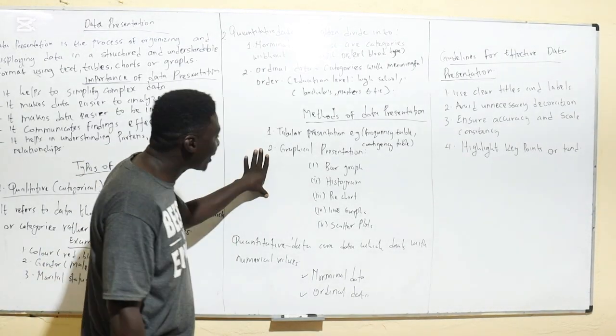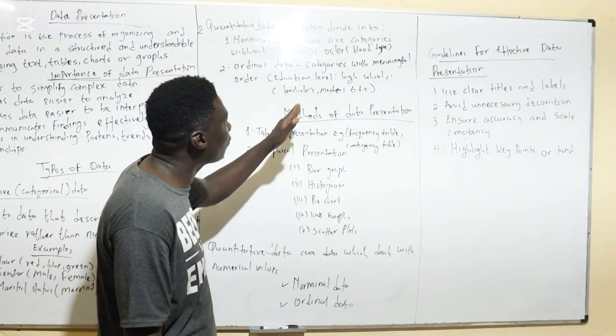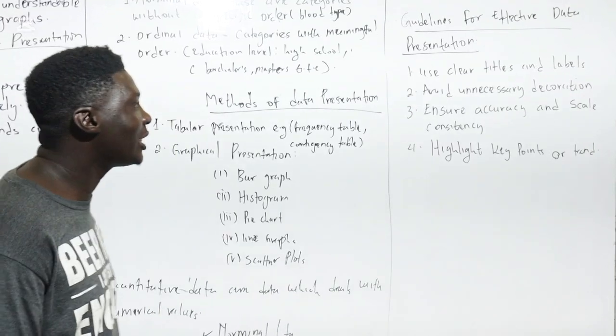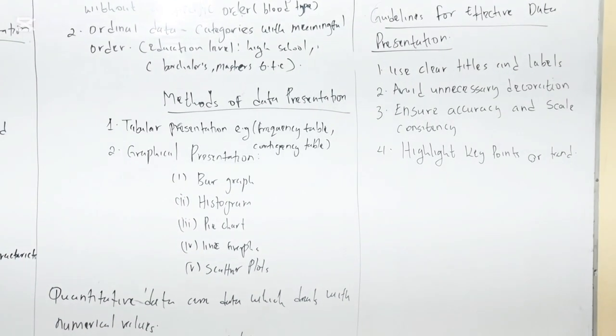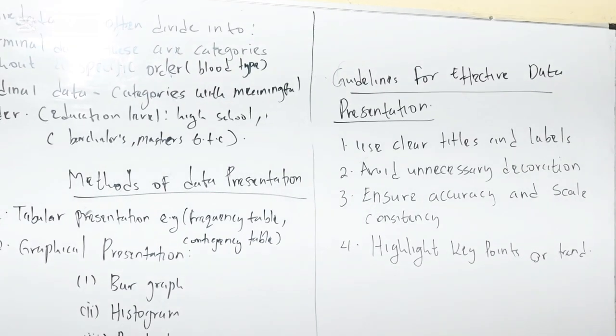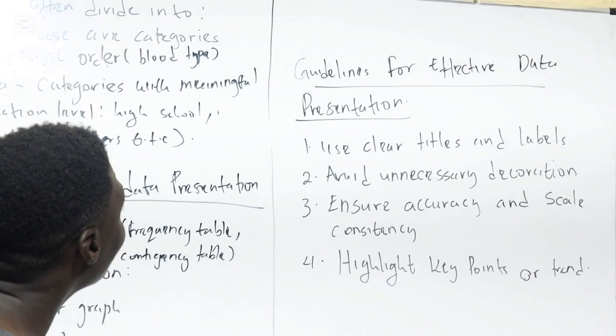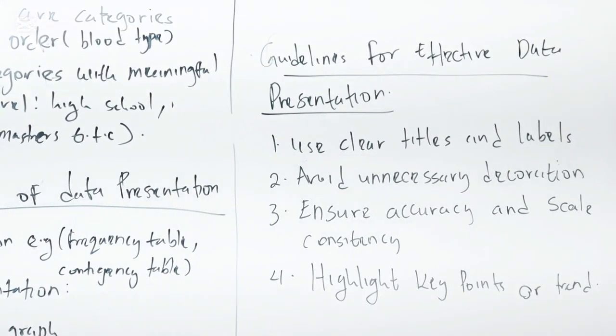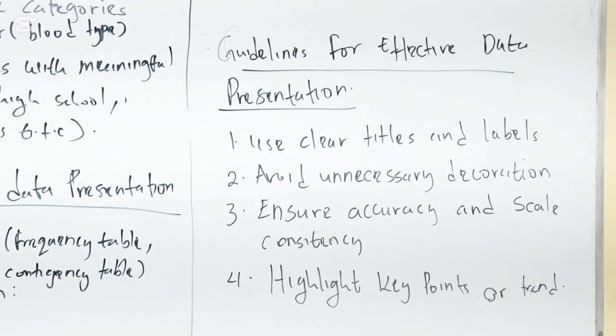Now, as I have highlighted that, I'll finish with the guidelines for effective data presentation. These are guides that you need to follow while presenting data. Guideline number one is use a clear title and labels.